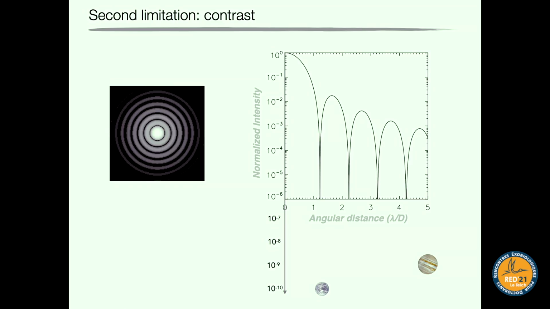So basically, even Jupiter is so faint that it's completely impossible to see it because the star is so bright, and the contrast between Jupiter and the star, or even the Earth and the star, is really huge, and you cannot see it. So there are ways to resolve this problem.